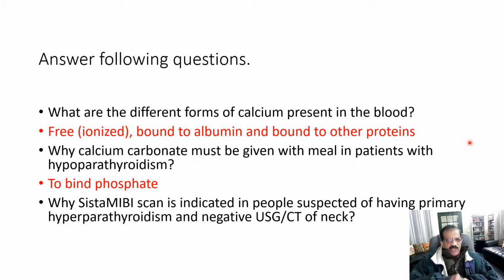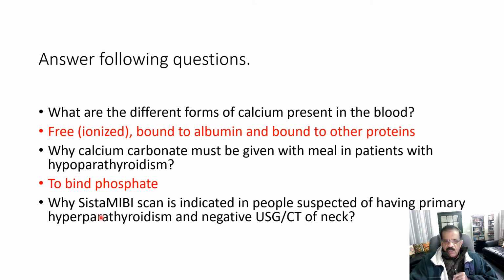Why is a sestamibi scan indicated in people suspected of having primary hyperparathyroidism and negative ultrasound or CT of the neck? If somebody has primary hyperparathyroidism, our first line of test is ultrasound and CT, which will usually demonstrate hyperplasia or adenoma or tumor of one or more of the parathyroid glands. Suppose ultrasound and CT of the neck were done and no parathyroid tissue was found.